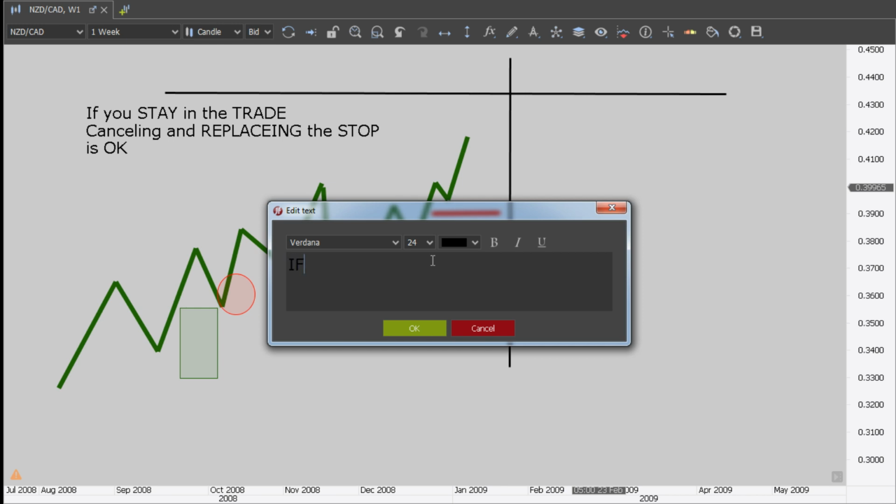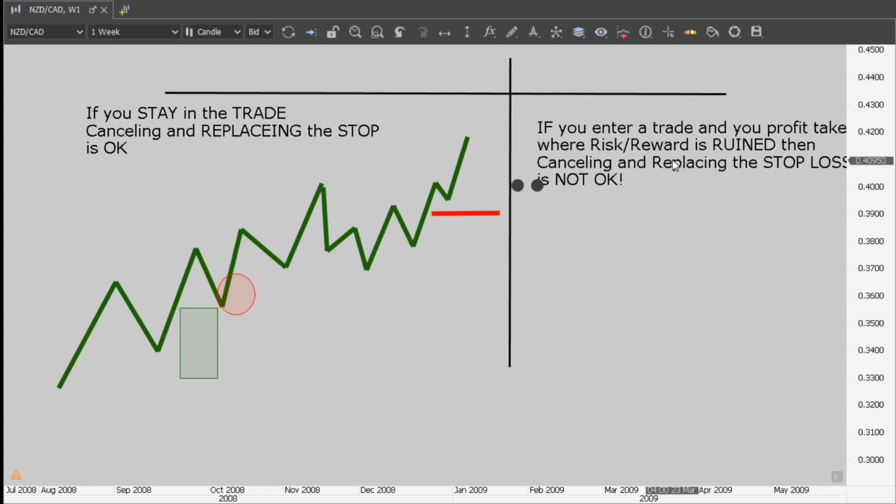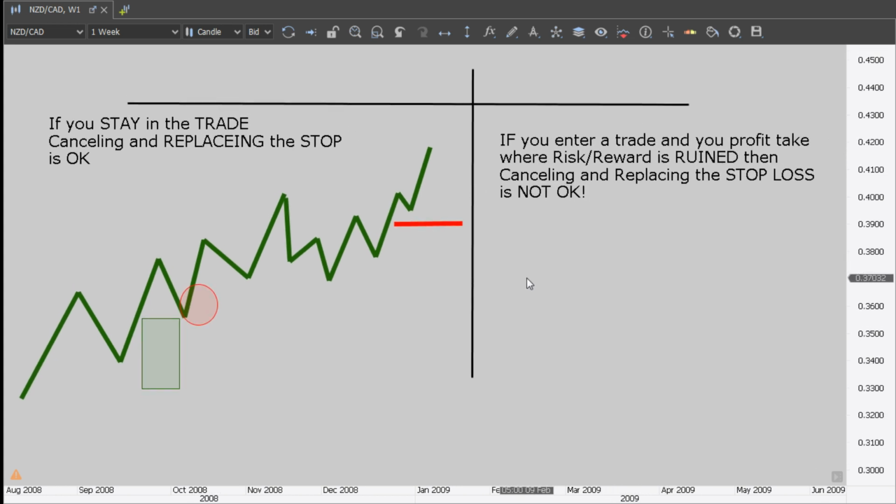So if you enter a trade and you profit take, where risk reward is ruined, then canceling and replacing the stop loss is not okay, because of everything that we just learned today. Risk reward is the answer.